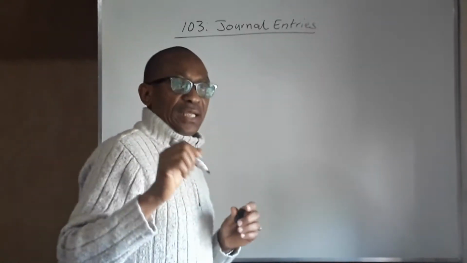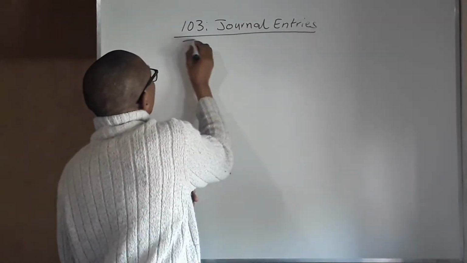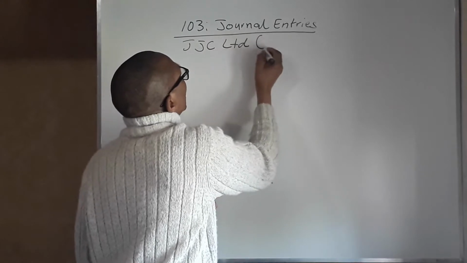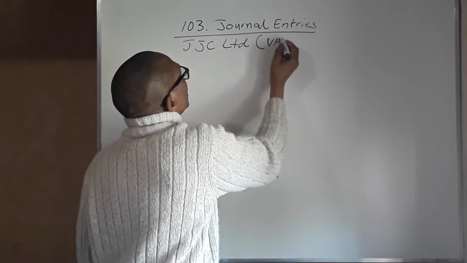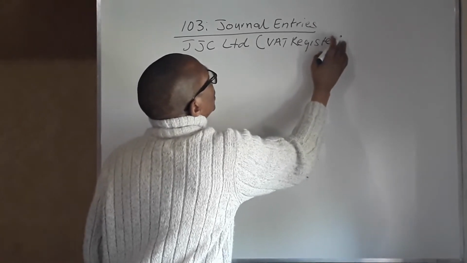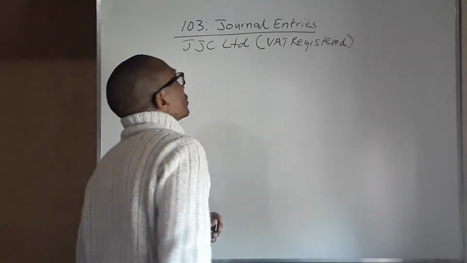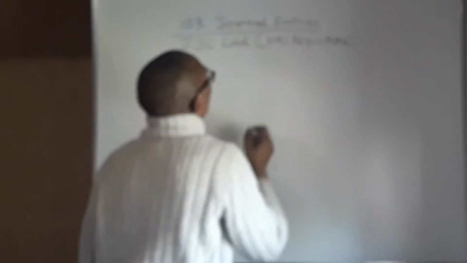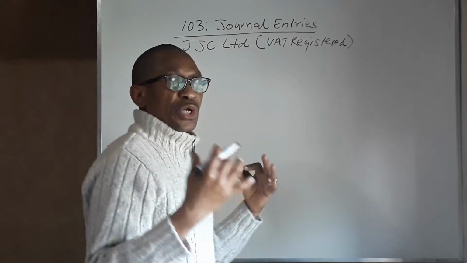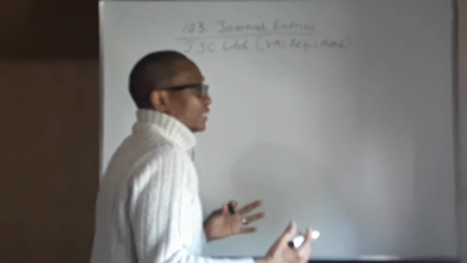So case study 8 was to do with JJC Limited, a VAT registered business. The pro forma that will help us to capture all the relevant information to make sure this is properly done will look like this.